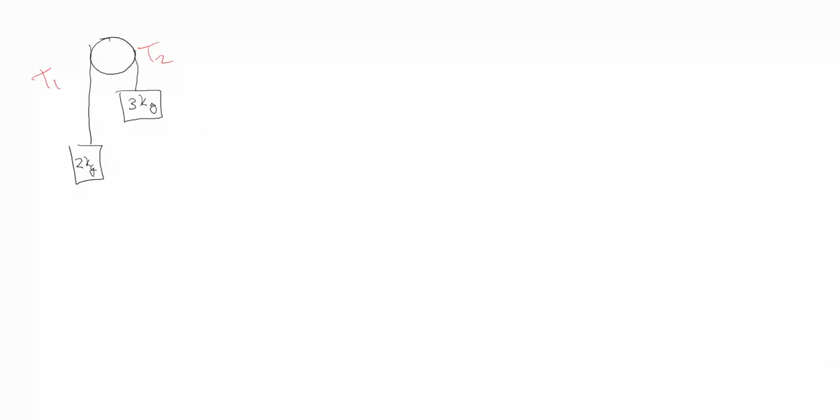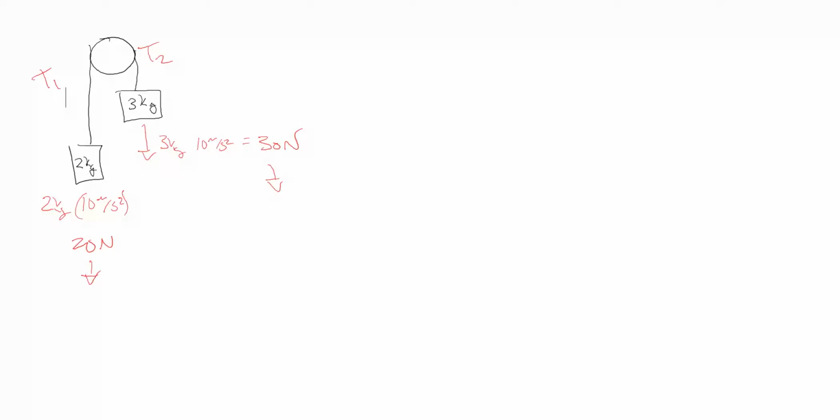If we look at both blocks, since this has a mass of 3 kilograms, its weight is 3 kilograms times 10 meters per second squared, which is 30 newtons. 2 kilograms times 10 meters per second squared is 20 newtons.